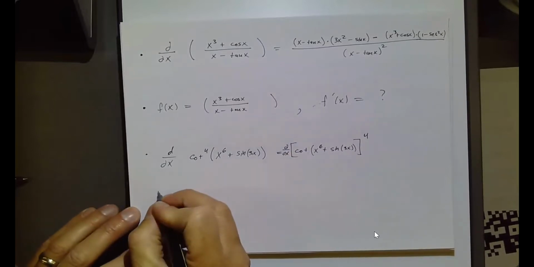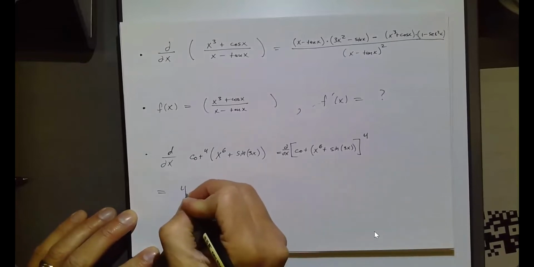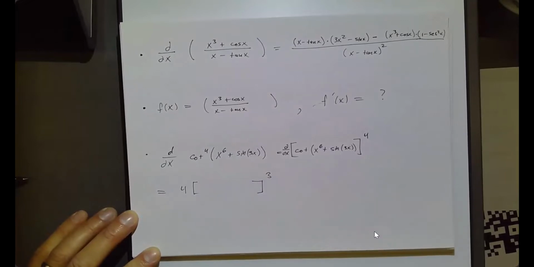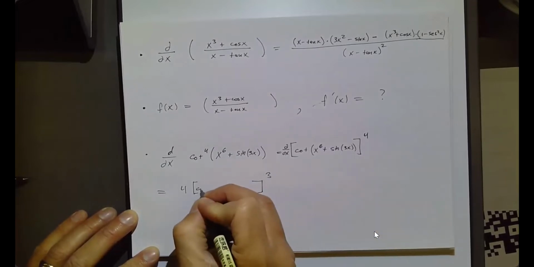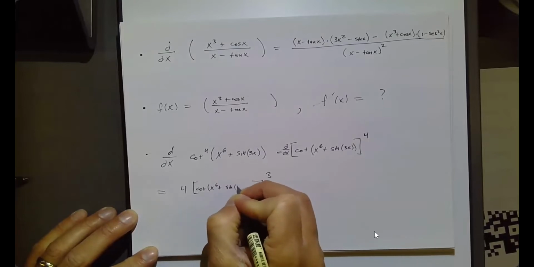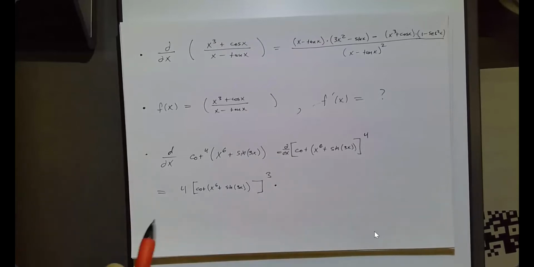But now I'm going to take the derivative. So I'm no longer going to write the derivative symbol. So I'm going to get 4 times my stuff to the third power. My stuff being cotangent of x to the sixth plus sine of 3x. But what do I have to multiply by?